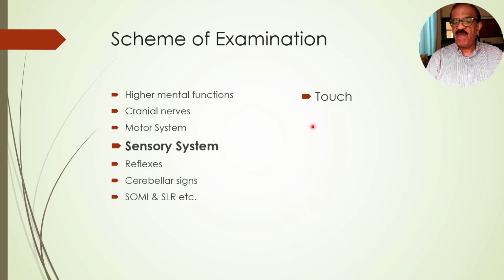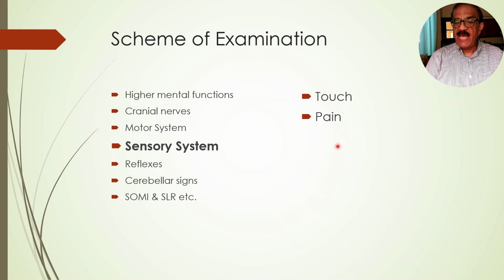So there are various sensations all over the body, from head to toe. We test various sensations. Touch, we usually use cotton wool, and everybody with his eyes closed should be able to feel the touch and should be able to even tell what is touching his body and at which level, should be able to identify if the right knee or left toe is being touched with cotton wool.